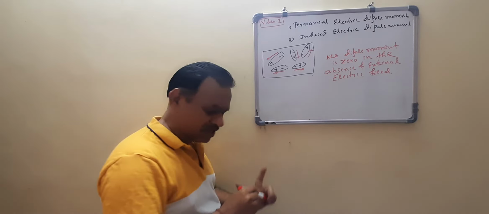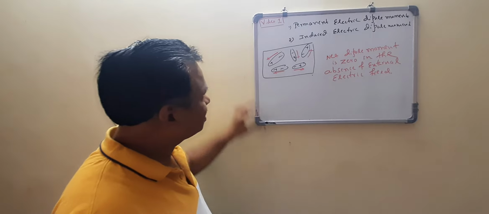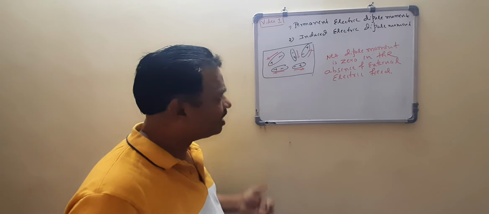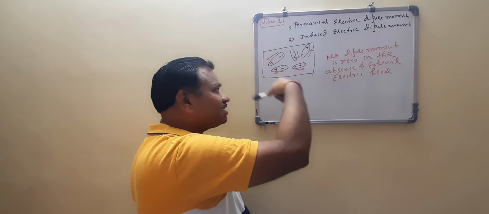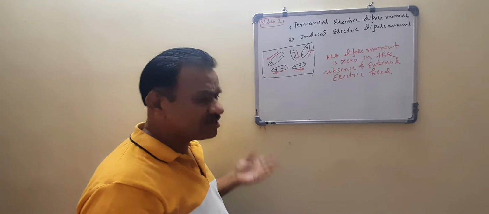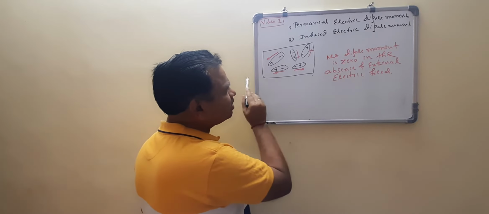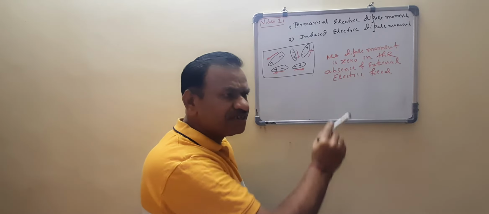Listen carefully. Each molecule has a permanent dipole moment in one particular direction. If I consider the entire system, since dipole moment is a vector quantity, this dipole moment is in this direction and this one is in this direction.